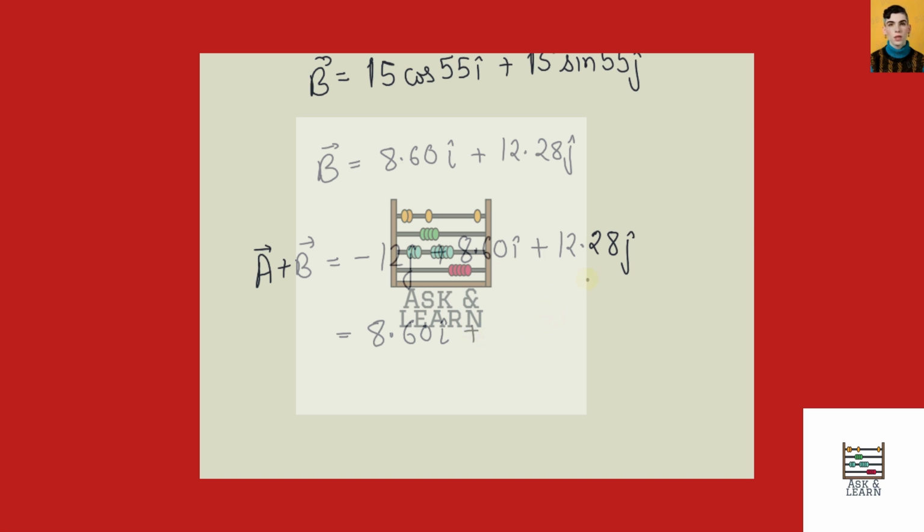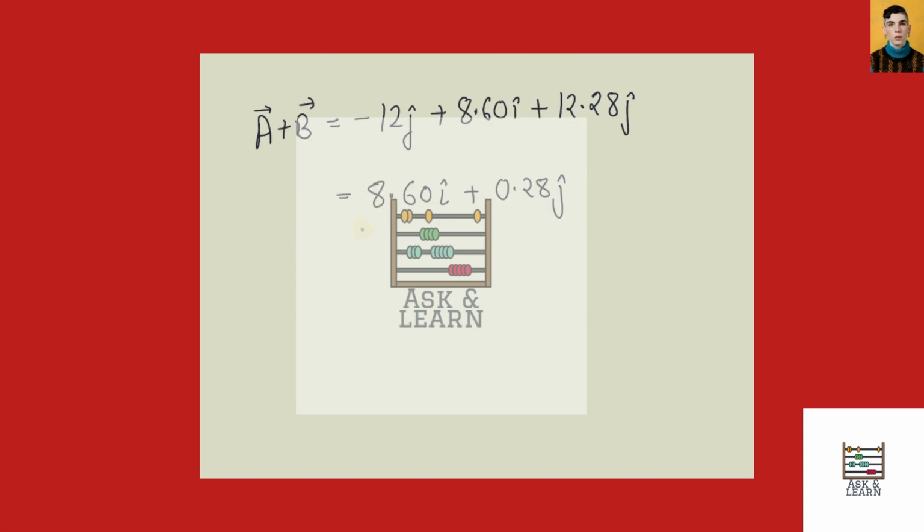plus 12 minus 12.28, which will give us 0.28 j cap. So this is the vector.